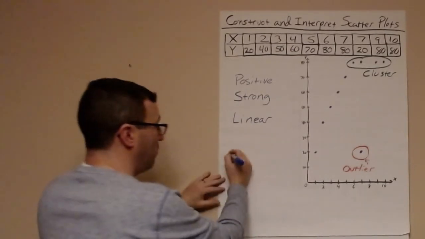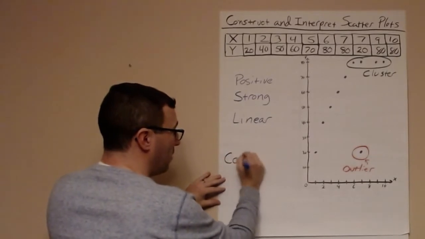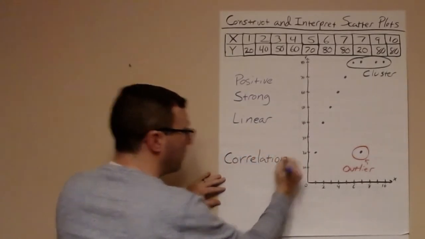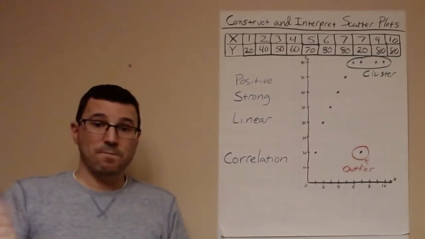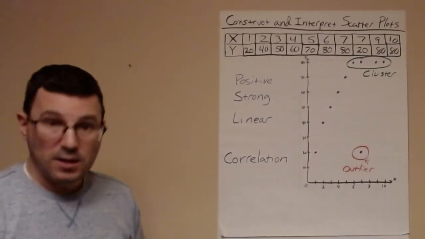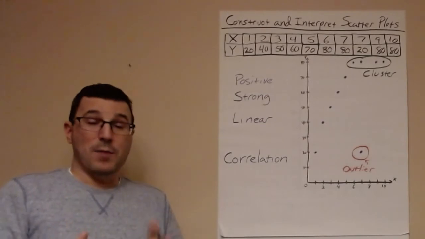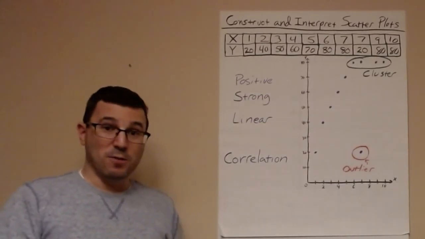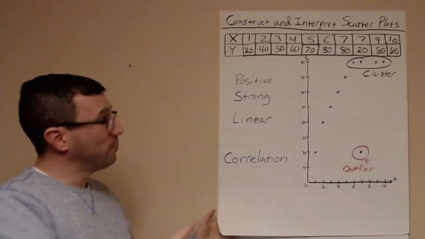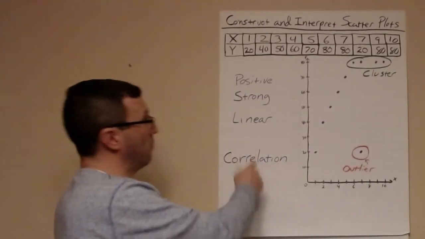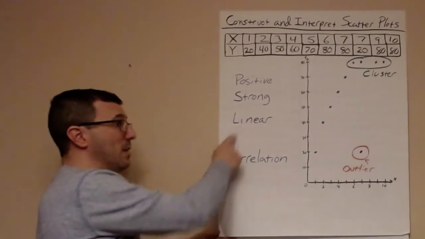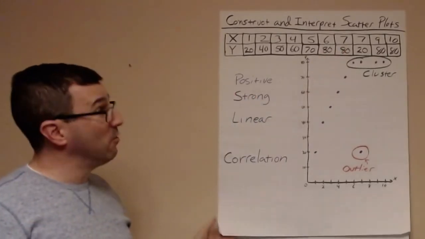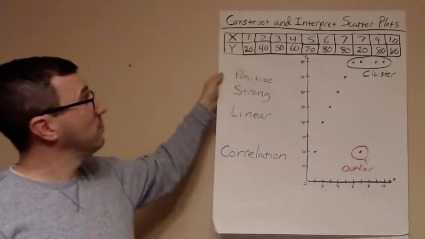And for those of you who want to know how to spell it, correlation. I'm very happy I wrote that correctly the first time. I get a little nervous when I write things like that. So here we have a strong, positive, linear correlation. Going up, I could draw a line if I wanted to represent this data.